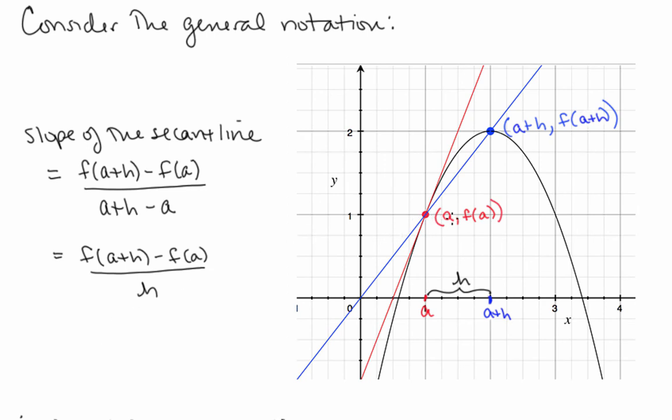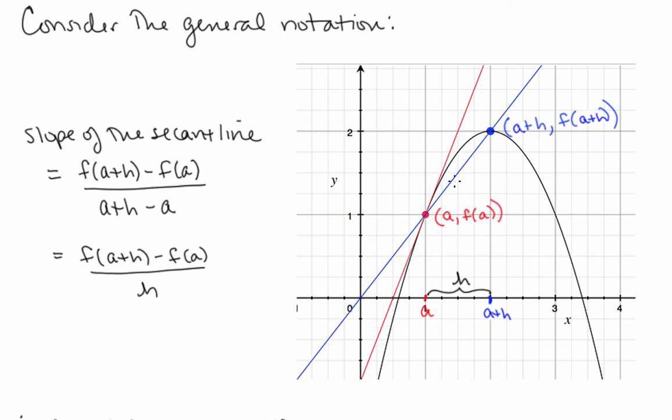Here's our point A, f of A, and here's our second point that we're using for the secant line, and this we're going to call A plus h, comma, f of A plus h. So we're saying from point A, move over h units, and now we're looking at the x value A plus h, and its corresponding function value on the parabola.